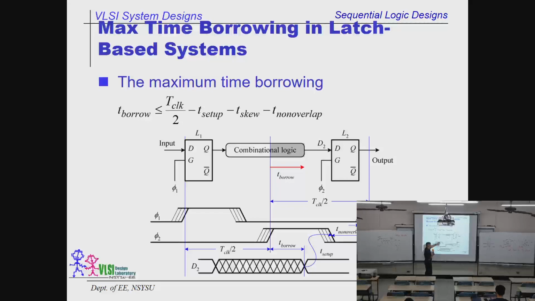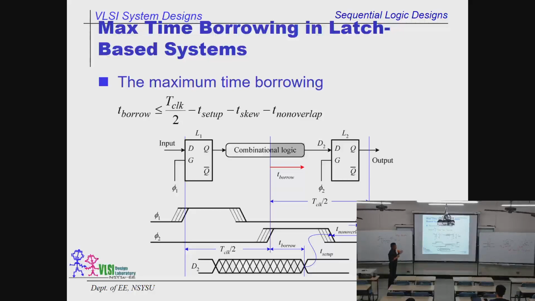What do I mean by borrow time? Right now, if your adder is too big or your multiplier is too big, you can cut it into half, the first half and the second half. And then we can do the time borrowing, because this is only allowed in a latch-based system.